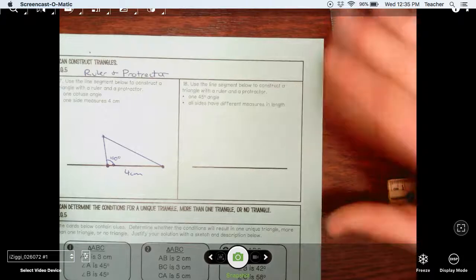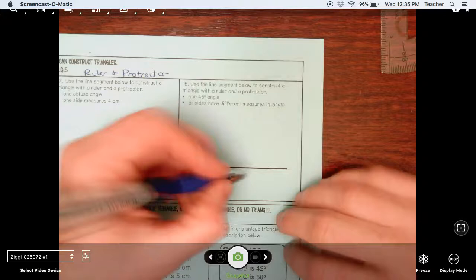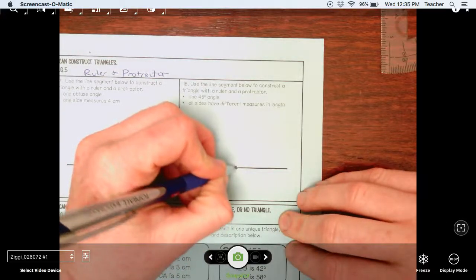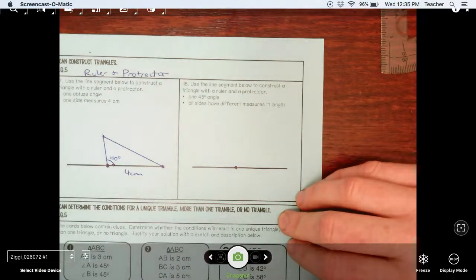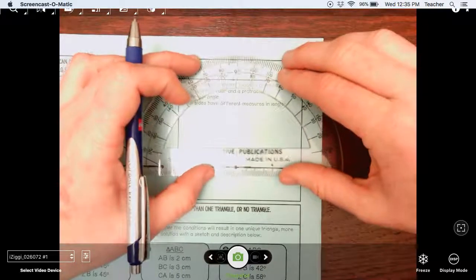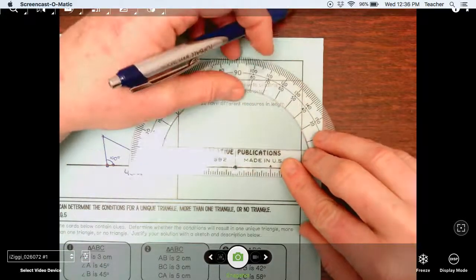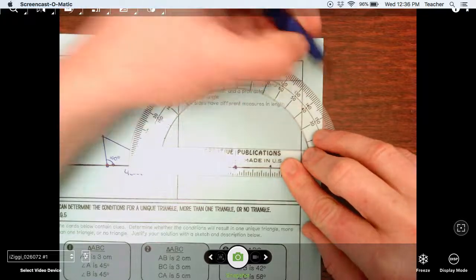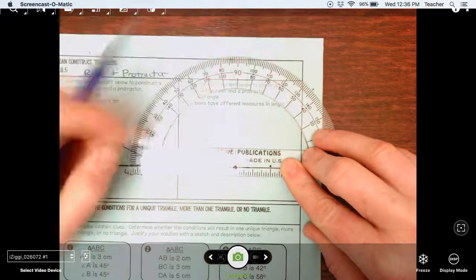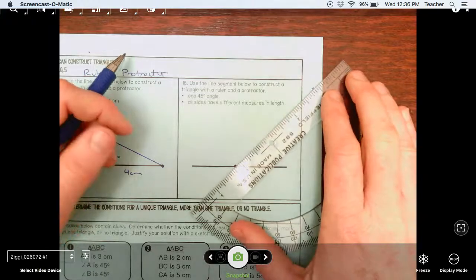Number 18: use the line segment below to construct a triangle with a ruler and a protractor. One 45-degree angle. All sides have different measures in length. Let's create a vertex. We'll go with a 45-degree angle. There's 40, 45 would be here. So we're going to create that.